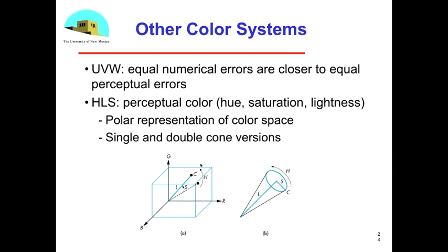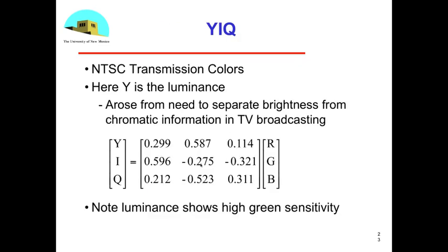Now, one of the problems with this is that if you start making errors, you don't get equal perceptual errors for equal errors in these components. And that's a real problem in television when you're sending things over noisy channels, and it became an even more of a problem when you started looking at discrete ways and started talking about, well, I want 8 bits for Y, 8 bits for I, 8 bits for Q, which would be a kind of typical thing we do in graphics, but how a 1-bit error is interpreted differently perceptually is another thing I could talk an hour about if we had more time.